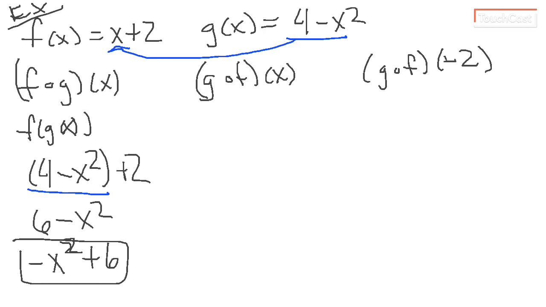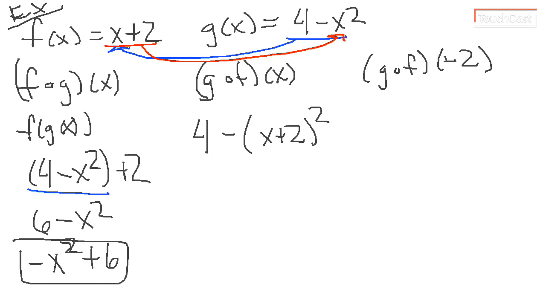Now let's find the g of f of x. So what we're going to do is take f of x, x plus 2, and we're going to plug it into x in g of x. So we're going to have 4 minus x plus 2 squared.